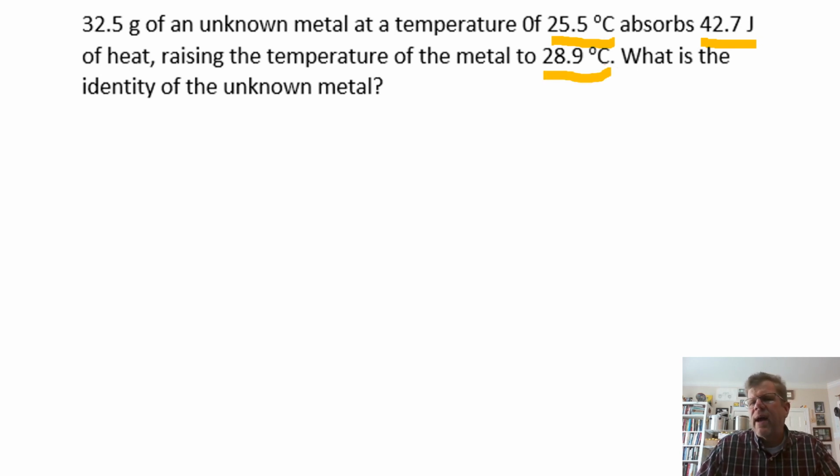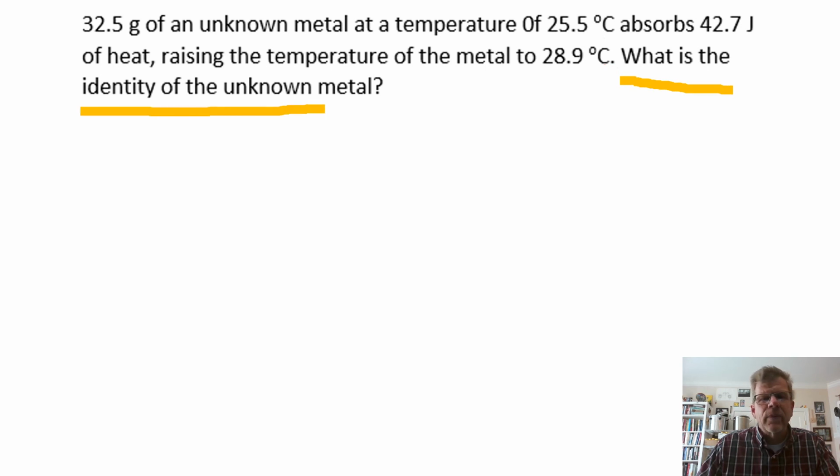So now we have two different temperatures. Remember, we have a delta T term in here where we would just subtract one temperature from the other to get that. So that is something that is hiding in plain sight in this word problem. The big question here is, what is the identity of the unknown metal, since it is, as said before, unknown?